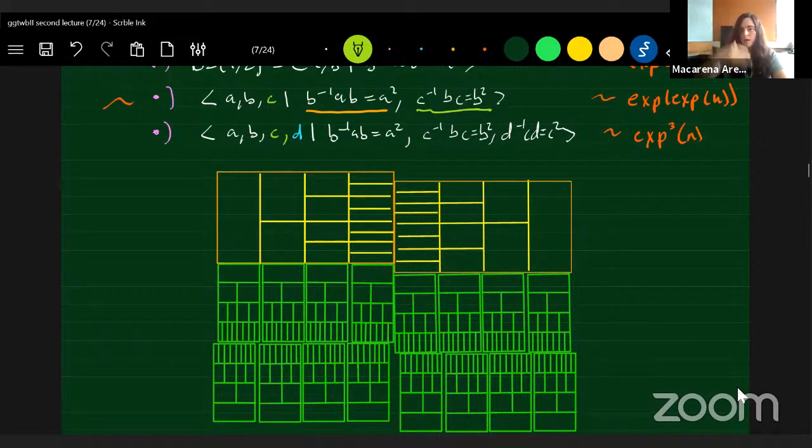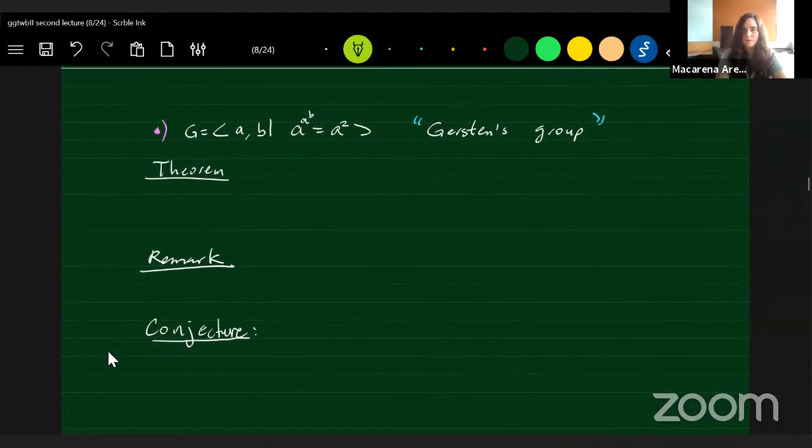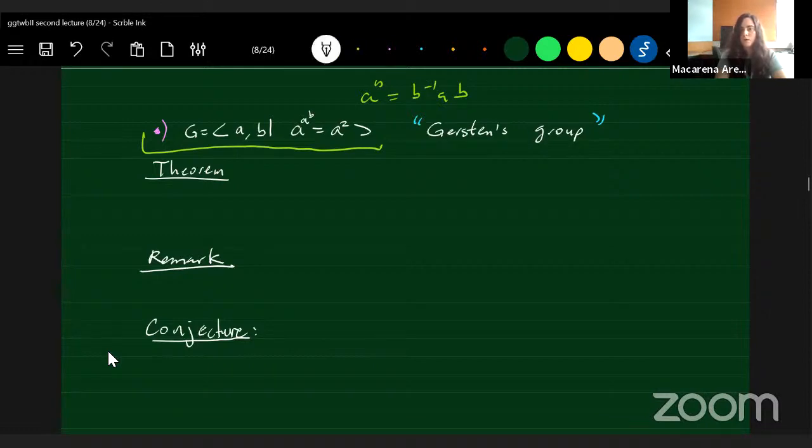And this construction has a limit, which is Gersten's group, this group right here. I don't know if this notation is clear, but A to the B means that we're conjugating A by B. So I've seen this in the literature called either Gersten's group or sometimes also Baumslag's group.